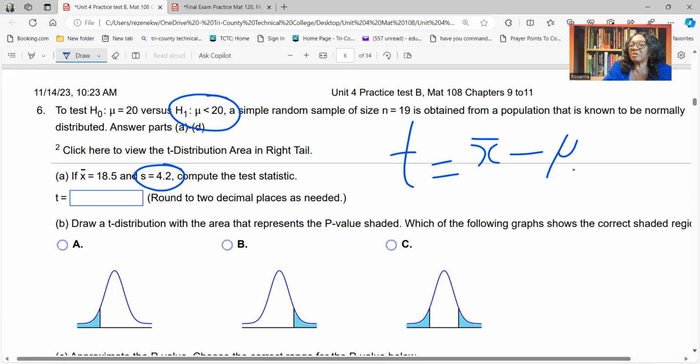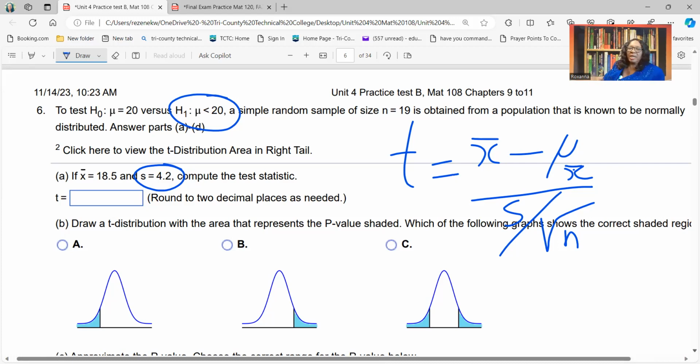I hope you know that this is mu X bar, even though it doesn't make a lot of difference. All right, and then you plug in what you know, calculate the test statistic. So this is the third step in hypothesis testing, but they ask you to do that first. So it doesn't matter. You have to know the 5 steps in hypothesis testing because any question can come first though.